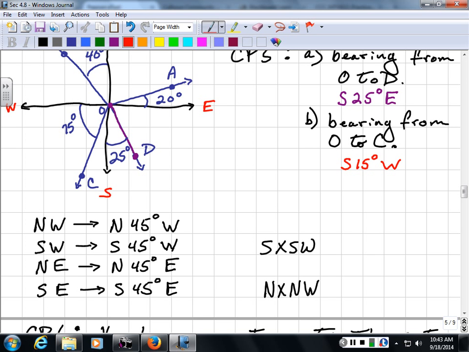Yeah, when I go south by southwest, I'm moving generally south by southwest, so it's going to be somewhere between 0 and 45 degrees off the south towards west. And that's the same thing with north by northwest.